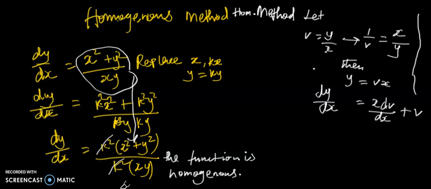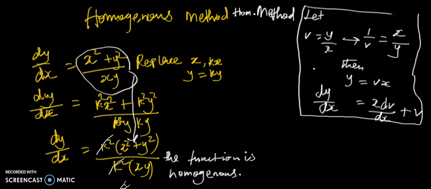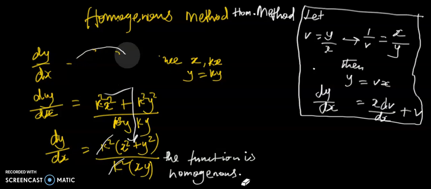You have to have this at your fingertips, as you will be required to use it when dealing with the homogeneous method. So let's go ahead and see how we can apply this method to deal with this function.